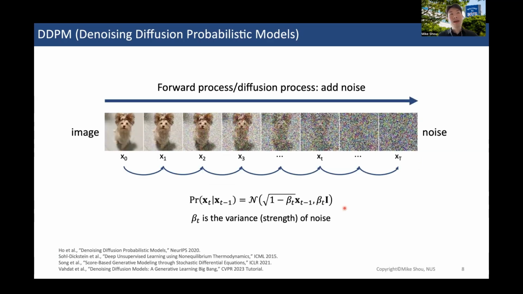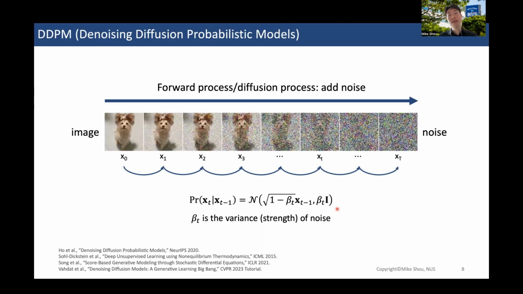Researchers found that they could use this equation to define the amount of noise to be added on the image at each time step and how it is added. It is defined by this equation: given x_{t-1}, basically the previous image, how we get the next image x_t, how to add the noise, is defined by this equation.